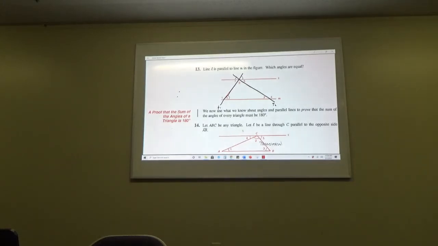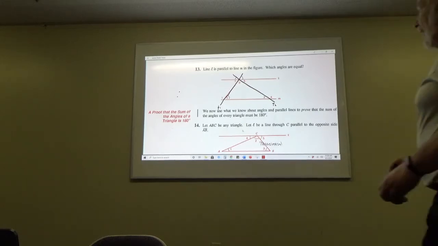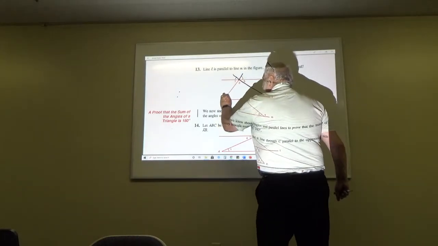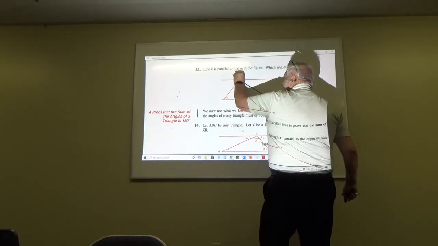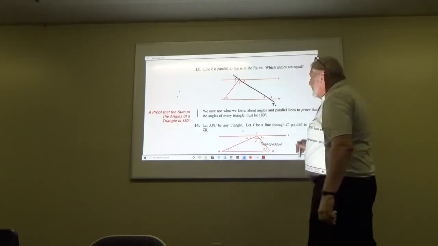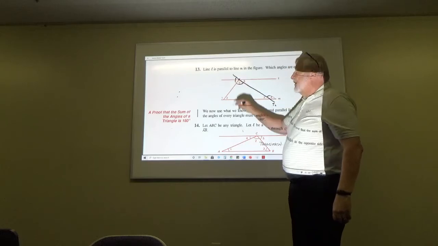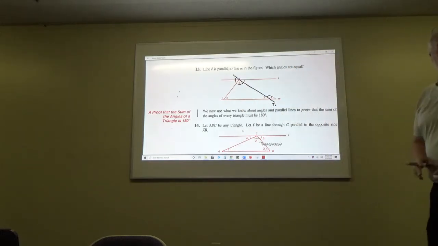I'm sorry, are alternating interior. 4 is the same as 6 plus 7, if we didn't have this line here. So this 4 is the same as 6 plus 7.